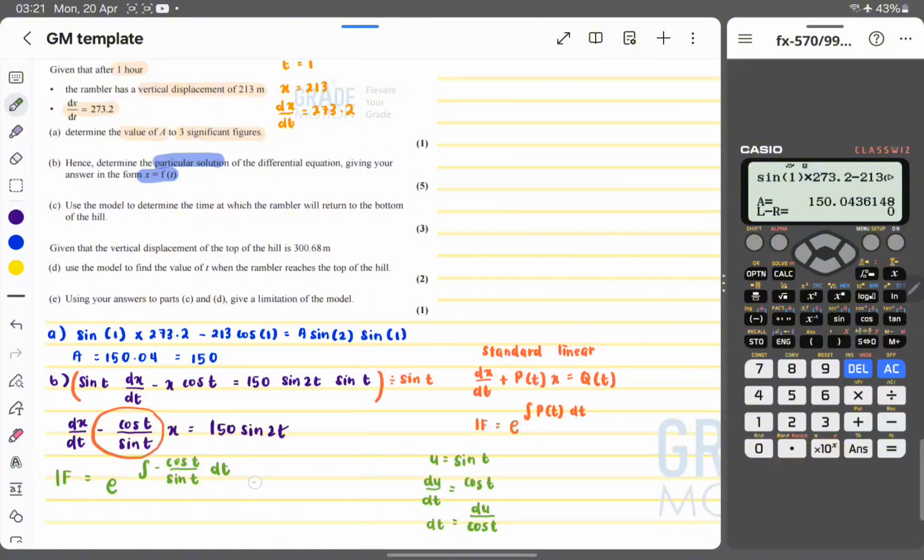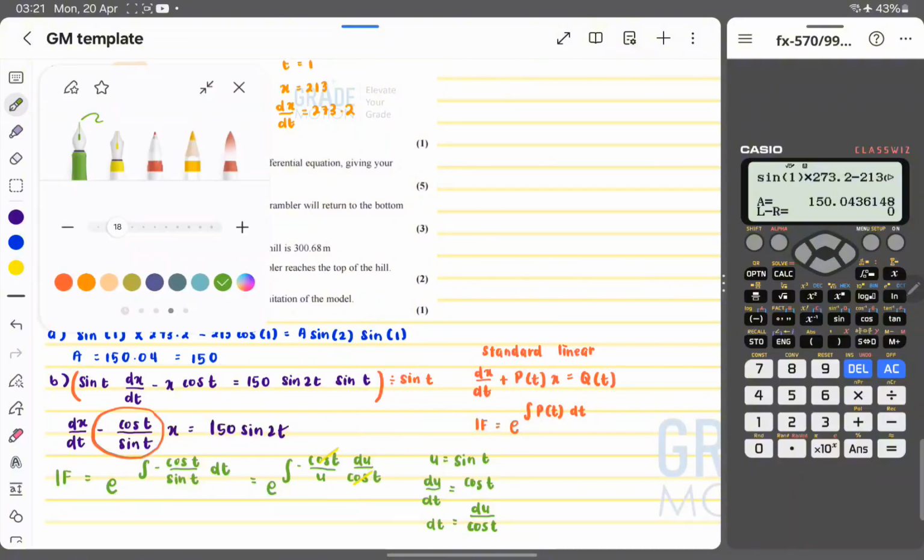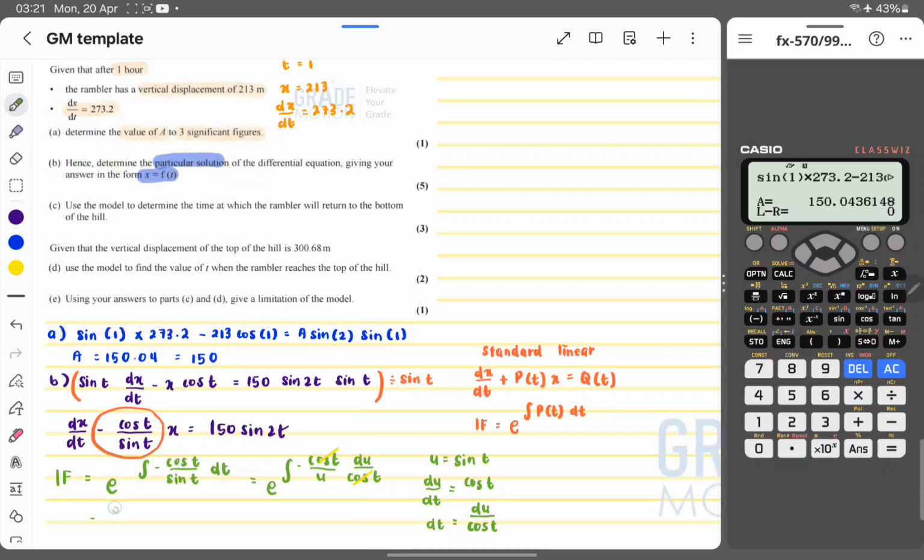This would be equal to e to the power of the integral of negative cos t over u times du over cos t. So we can cancel this, and we will get e to the integral of negative 1 over u du, which is equal to e to the negative ln u.